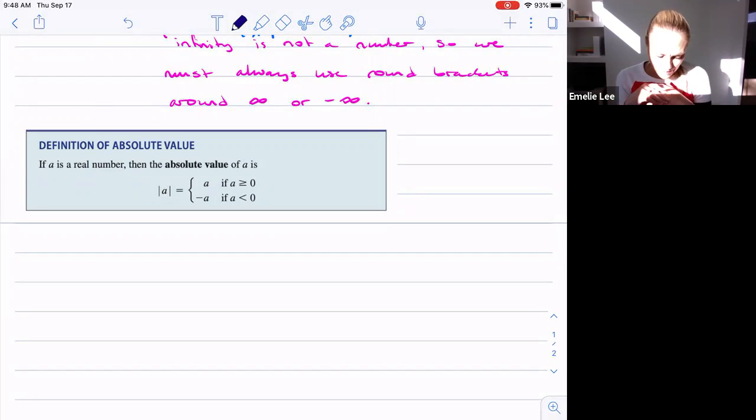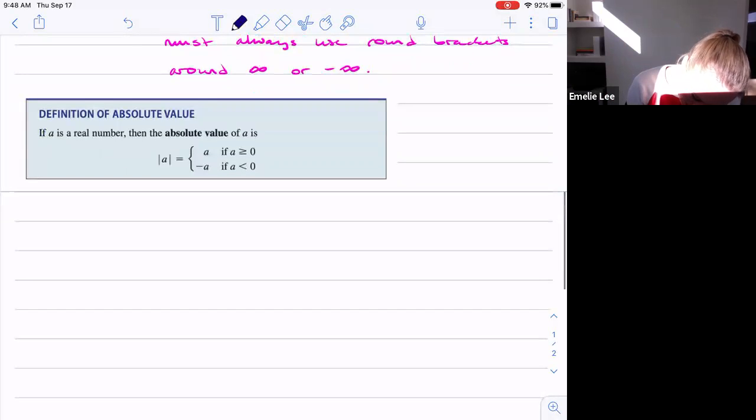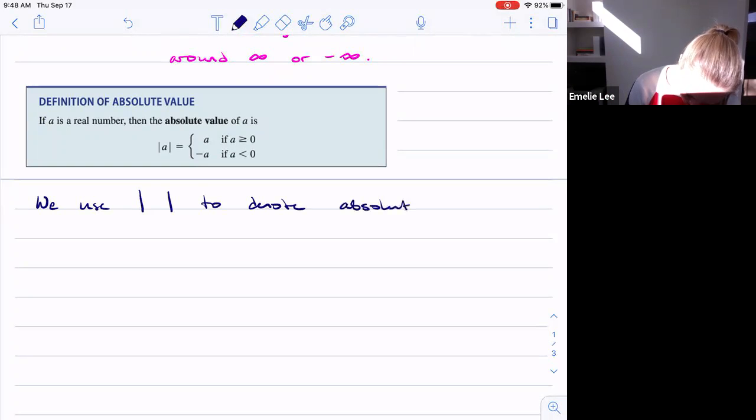So we denote the absolute value with these vertical bars around. We use these vertical bars to denote absolute values.